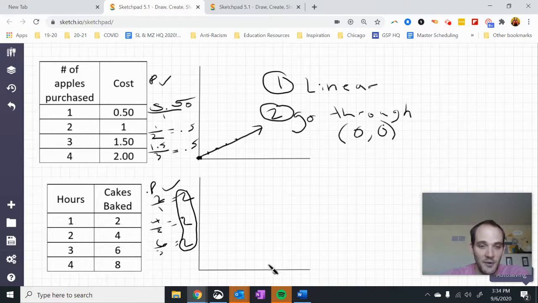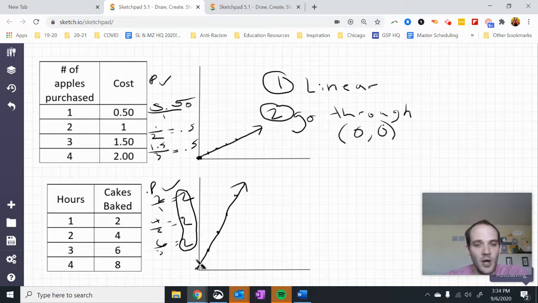Now, to see what that graph looks like, to see if it's always true, I'm going to go ahead and graph this: 1, 2, 2, 4, 3, 6, and 4, 8. What do you notice about these 4 dots? If you said that they are linear and that they go through the origin, you are correct.